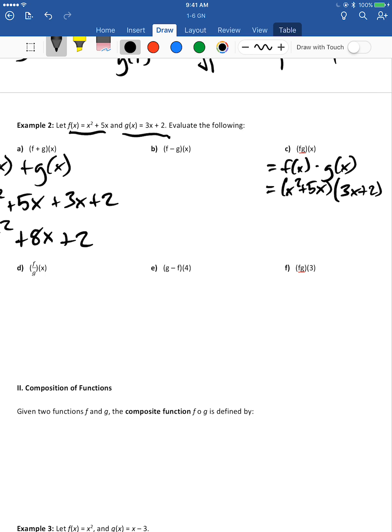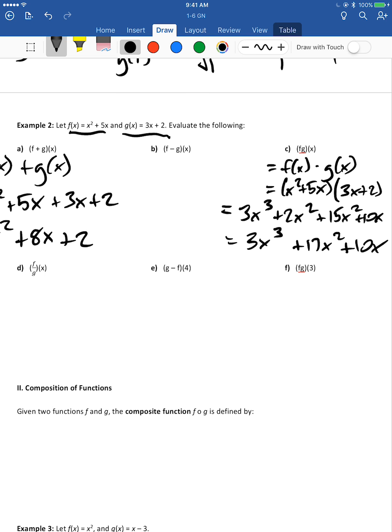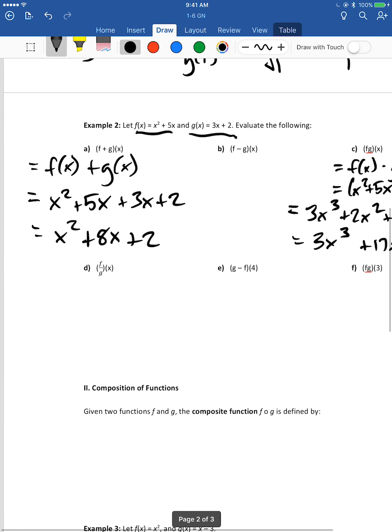I'm going to have to distribute these. I need to multiply them. So x squared times 3x is 3x cubed. x squared times 2 is plus 2x squared. 5x times 3x is 15x squared. And then 5x times 2 is plus 10x. Combine my like terms, and I have 3x cubed plus 17x squared plus 10x. And I'm done.